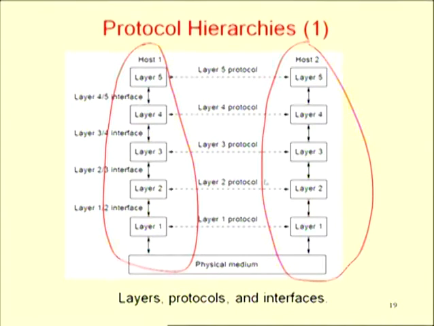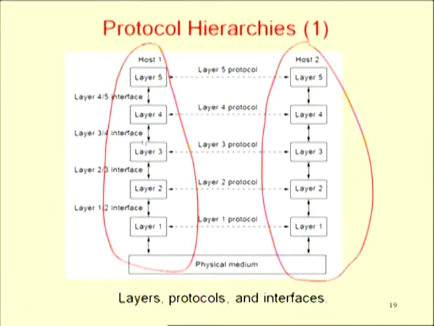So this is said layer 2 protocol, layer 3 protocol, layer 4 protocol and layer 5 protocol. Okay. So the way layer 5 is talking with layer 5, it is using layer 5 protocol. Okay, layer 5 here is talking with its own host layer 4. They are using layer 4/5 interface.